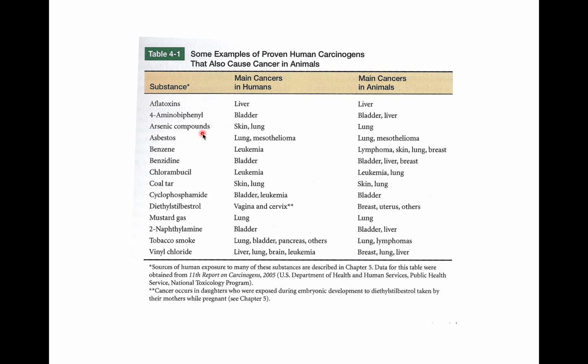There are some examples of that, but in general, carcinogens tend to cause the same types of cancers in mice, rats, and rabbits as they do in humans, for the most part. So what that really means is we can have some confidence in these animal studies in terms of being able to apply what we learn there to humans and medicine.